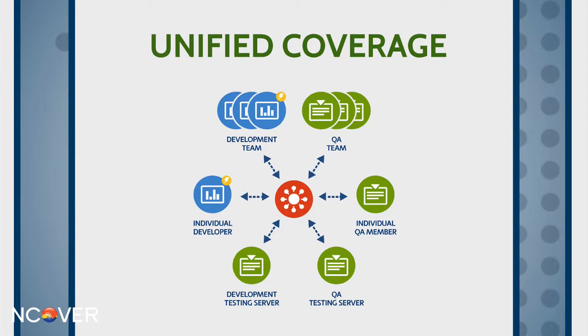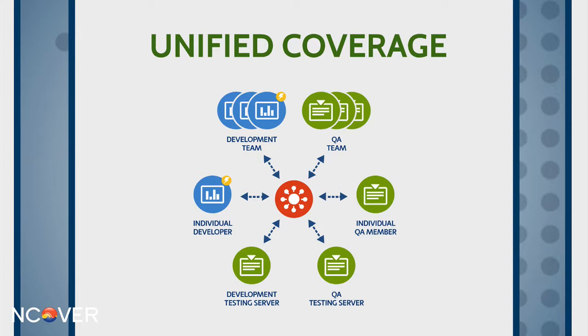Successful teams require rapid feedback from all areas, from development, from QA, and from the management team, so they can identify issues as quickly as possible, direct resources as needed, and prevent the escalation of these issues. The key point is that results are shared and visible across the team. So regardless of whether you're a developer, a QA test engineer, or a member of the management team, you can access the information that you need very quickly and very easily.